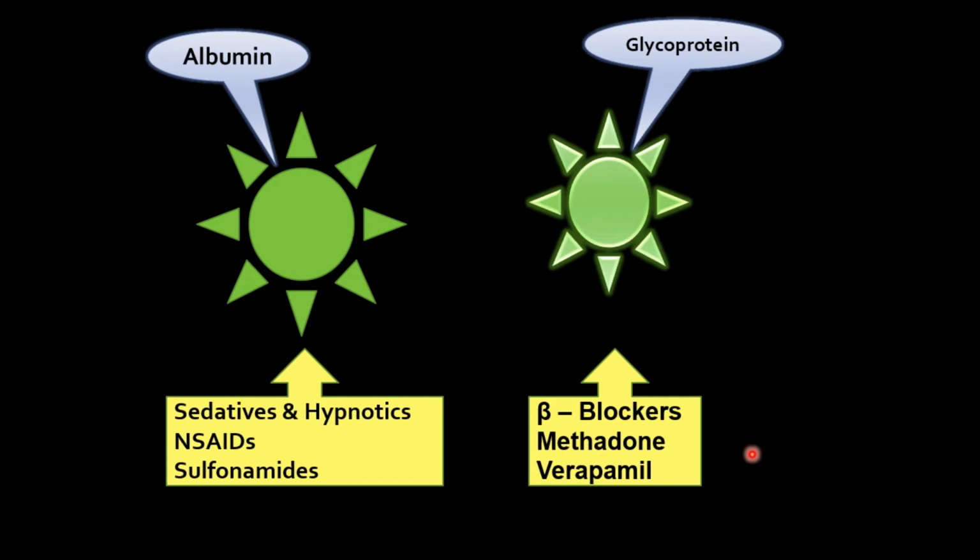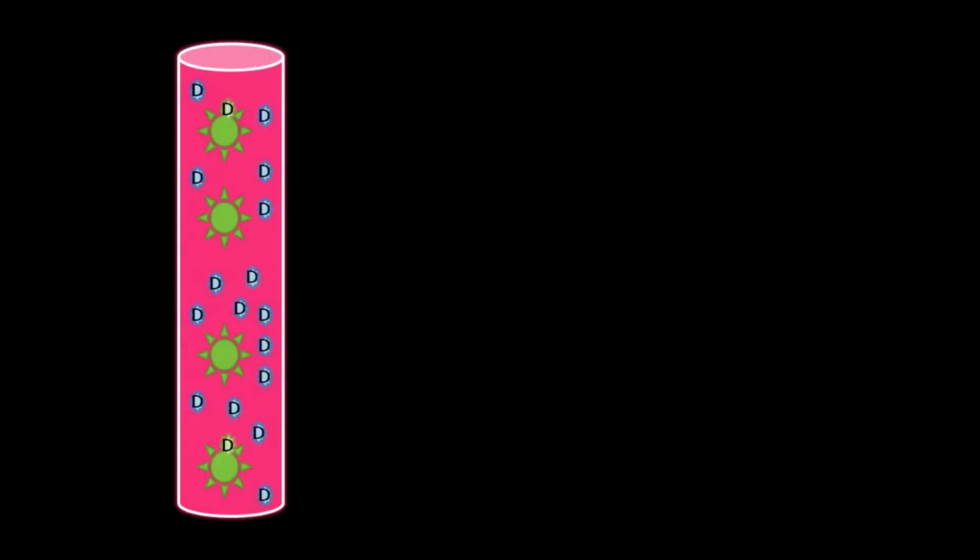The drug might be attached to the plasma protein, and it might be detached from the plasma protein. This is a drug which is bound with the plasma protein, and this is a drug which is in a free form or free state. And this is the drug reservoir, which maintains the free concentration of a drug in the systemic circulation.